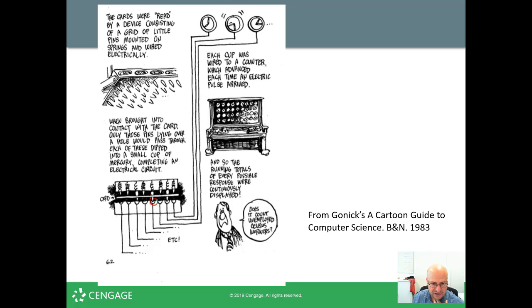So there was an answer here because there was a hole here, right? And each one of these circuits was connected to a kind of counter, and then you could run the totals of every possible response continuously as the cards were fed in.